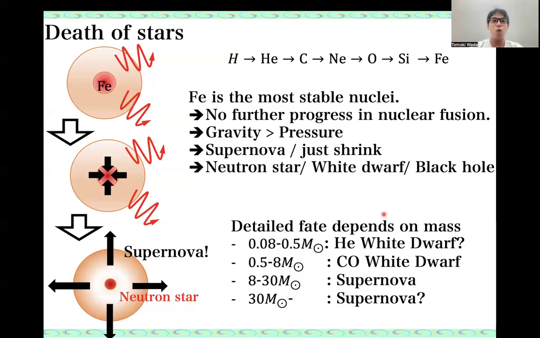This bounce is called a supernova. And after this shrinking or explosion, a neutron star or white dwarf or black hole is created. This is the death of a usual star, in other words, the death of so-called stars, but this is the birth of compact objects like neutron stars, white dwarfs, or black holes. And their fate is determined by the initial mass.